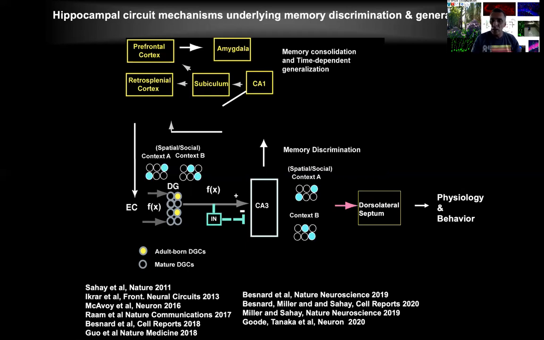We found a role for oxytocin receptors in the dentate gyrus CA3 circuit in governing the discrimination of social stimuli. We identified a role for feed-forward inhibition in the dentate gyrus CA3 circuit as critical for dictating the extent to which memories preserve details with the passage of time, or time-dependent generalization.